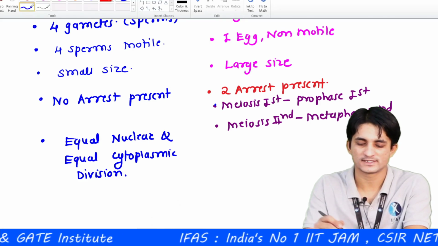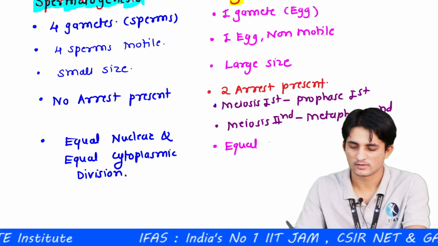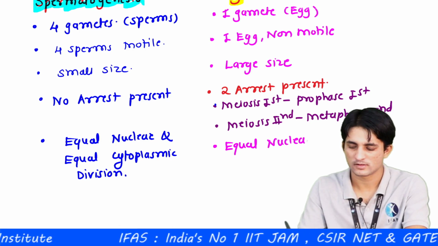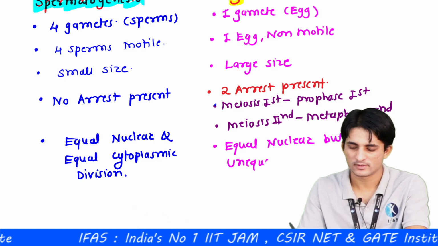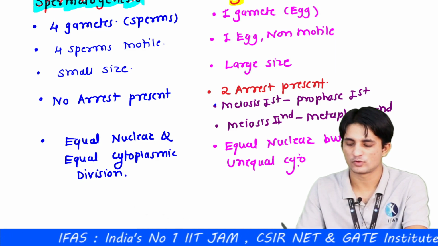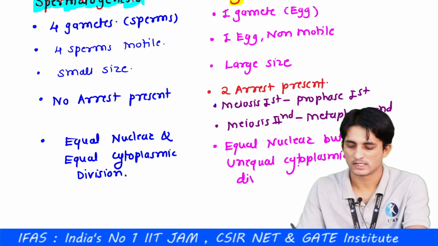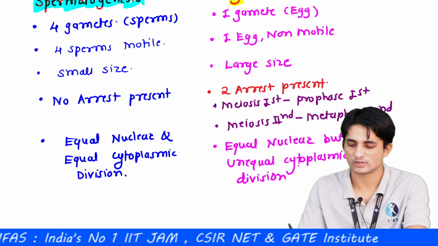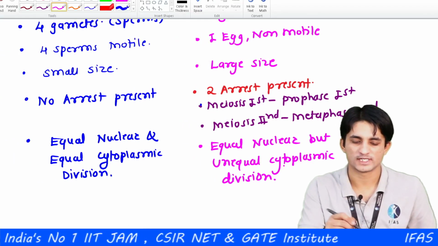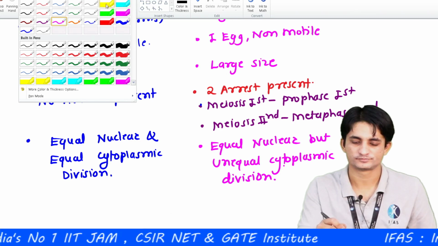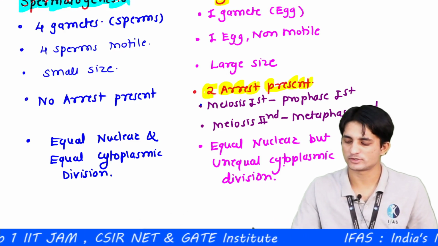And in oogenesis that we have discussed, equal nuclear but unequal cytoplasmic division, and therefore there is formation of the polar bodies in oogenesis. So these are the differences between spermatogenesis and oogenesis.